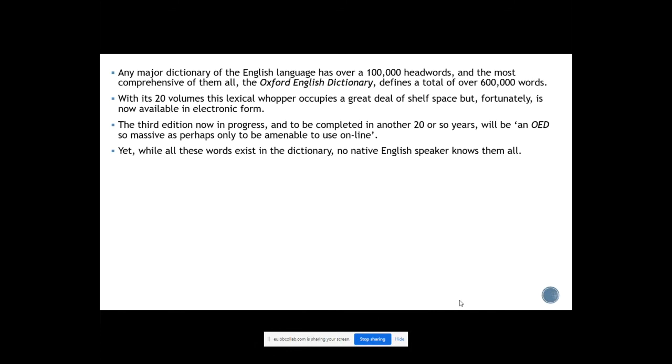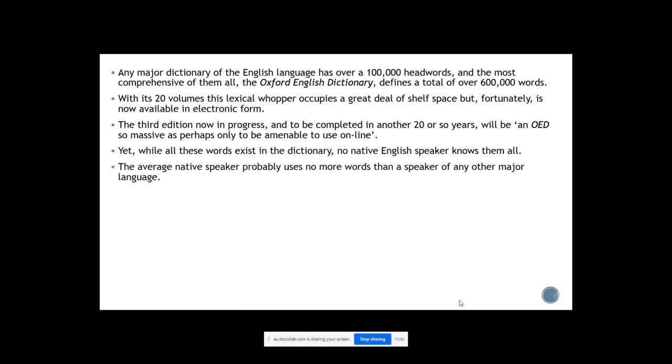Yet, while all these words exist in the dictionary, no native English speaker knows them all. And this perhaps takes us to Noam Chomsky's concepts of competence and performance, which he coined in his 1957 book titled Syntactic Structures.